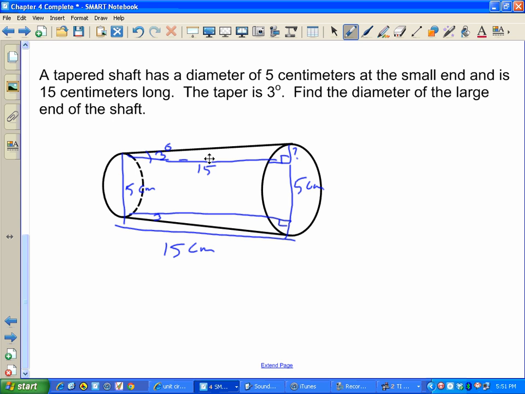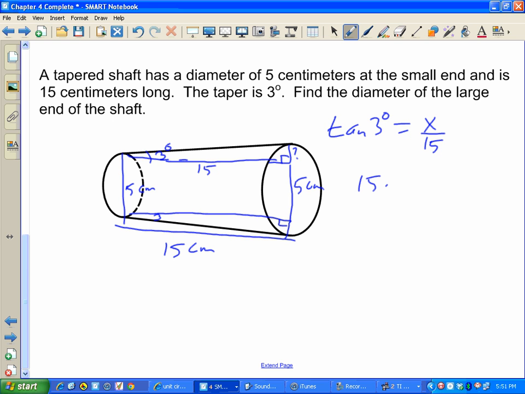Okay. Well, that means I'm looking for the opposite side. I have the adjacent, and I have the angle. So I'm going to use OA, which is tangent. I'm going to take the tangent of 3 degrees and say that that equals whatever I'm missing divided by 15. Opposite over adjacent. So again, I can type this in.